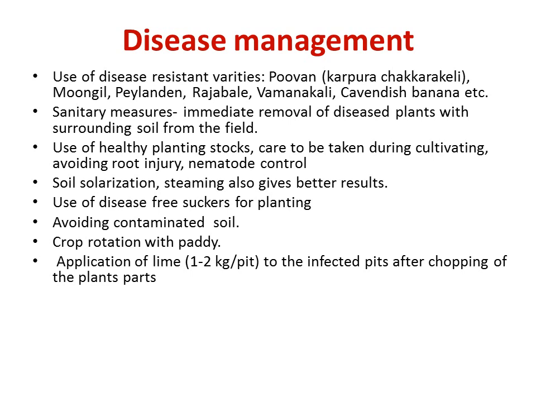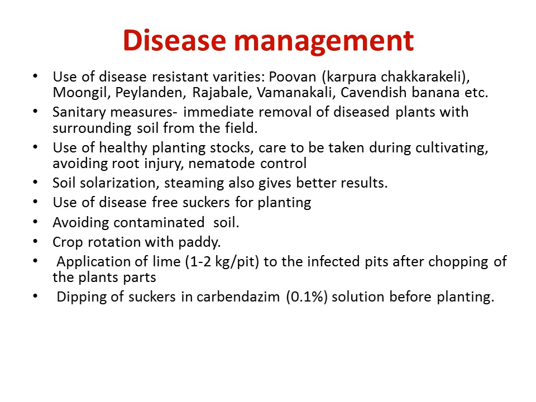Always see to it that before planting, the suckers which we have obtained for plantation are disease free. Avoid contaminated soil; the land or the field which we are using for cultivation should be devoid of any such pathogen.